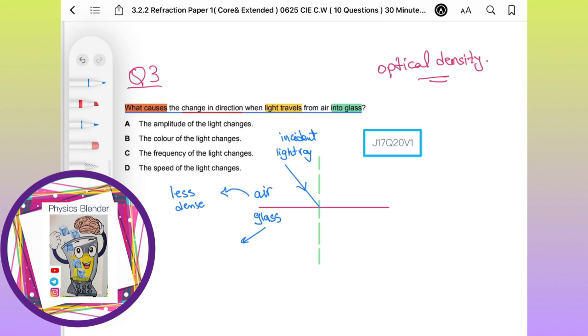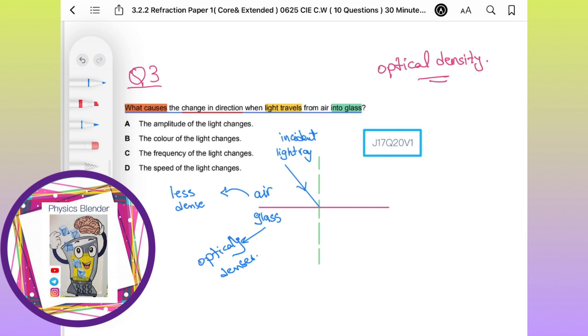It is optically denser. What does it mean optically denser? It means having a greater effect, having a greater refraction effect.